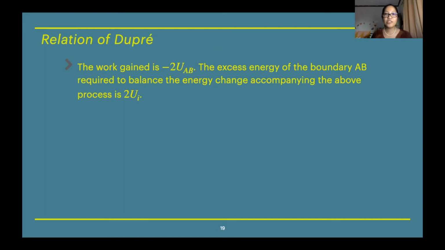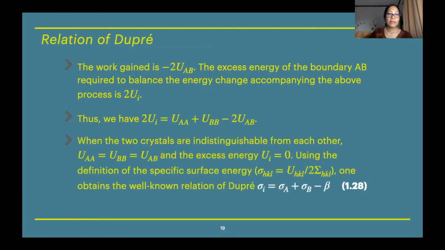The excess energy of the boundary AB required to balance the energy change accompanying the process is 2U_I. 2U_I equals energy spent plus the energy gain. In the case that the two crystals are indistinguishable from each other, then the energy U_AA is equal to energy U_BB and energy U_AB. And so the excess energy U_I is equal to 0.